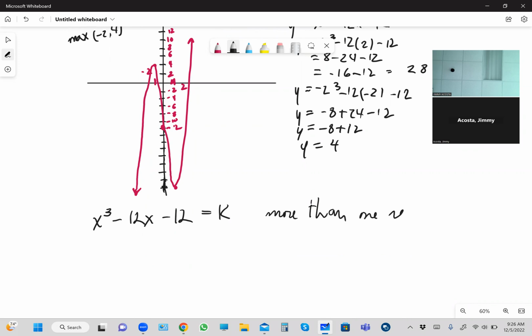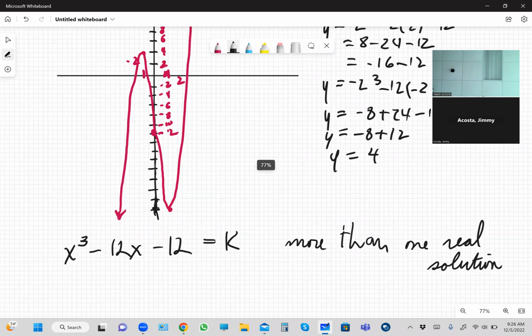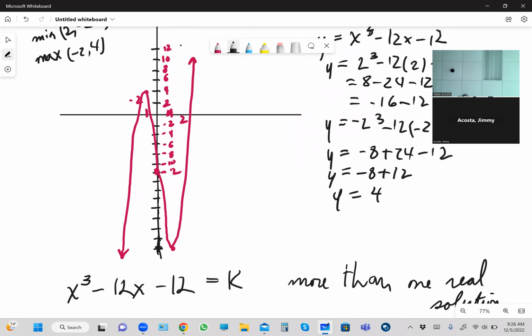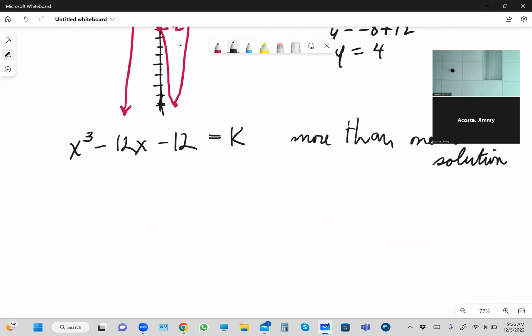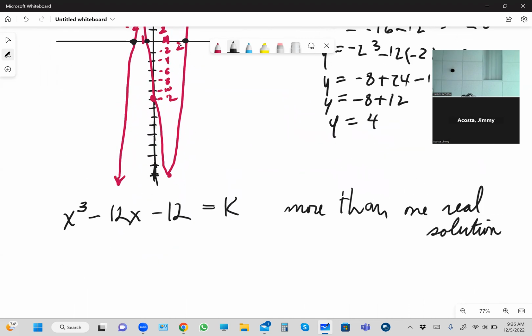Okay, so in order to figure this out, let's look at the graph we just drew and let's think about it. So here we have this, this, and this. These are all real solutions. Now, if I were to think about this carefully, you see this here?